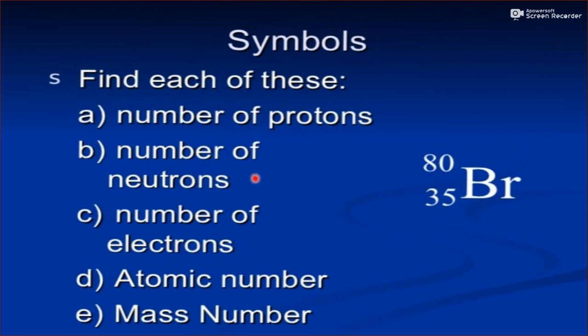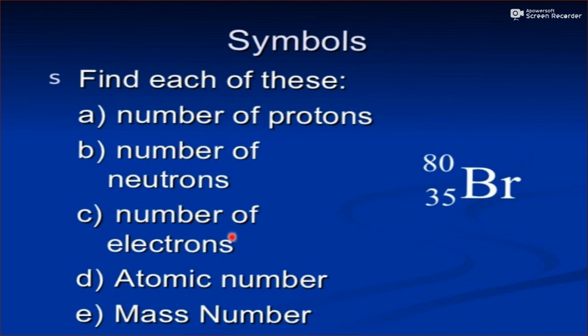How can we calculate the number of neutrons? 80 is the mass number, 35 is the atomic number, that means the number of protons. So mass number में से अगर आप protons को minus करोगे तो neutrons आएंगे. So 80 में से अगर आप 35 को minus करोगे तो आपके पास आएगा number of neutrons. तो 80 में से अगर हम 35 को minus करते हैं तो क्या आंसर आएगा? It will be, बोलिए, 45. So 45 is the number of neutrons.